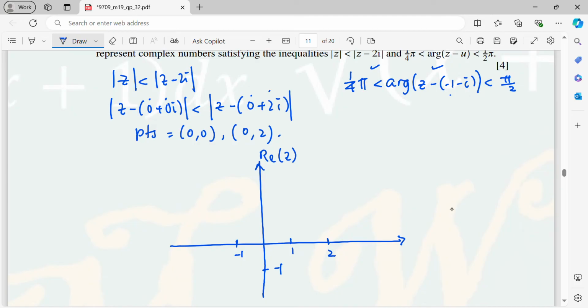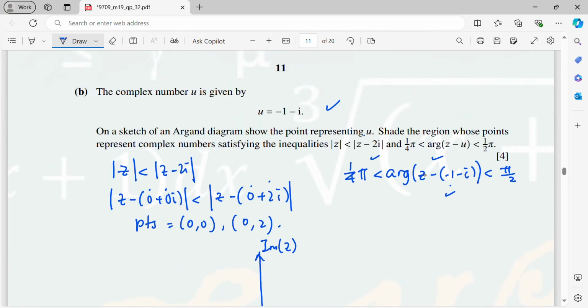The vertical is an imaginary axis, and then this is real axis. Okay, here is 0. Now I get this first, so my u is basically with coordinates (-1, -1). That means it's over here. This is my u.